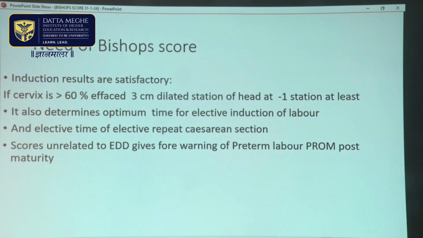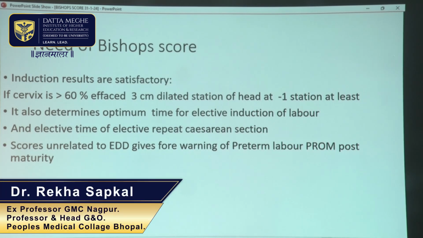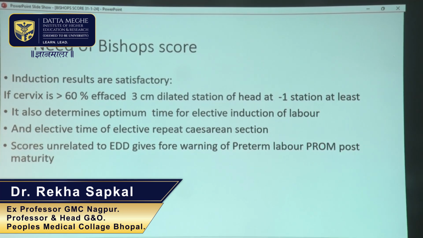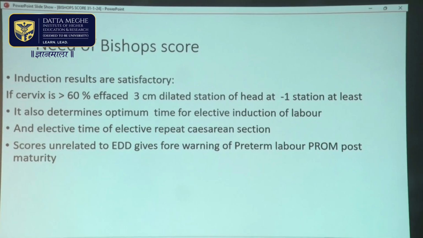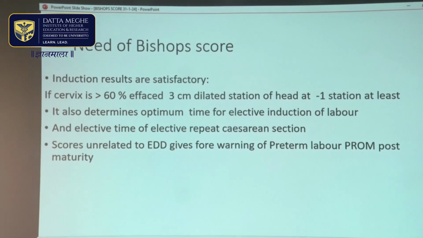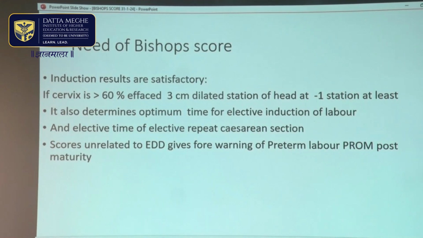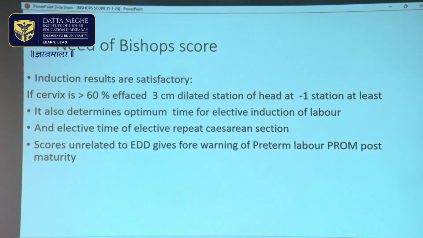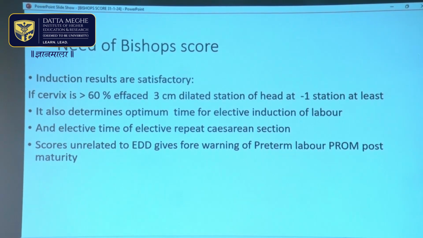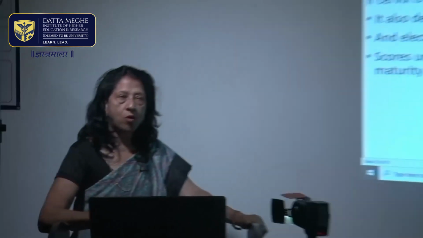So, in short, what is the need of this Bishop score? Induction results are satisfactory. What do you understand by induction of labor? Whenever the patient does not go into labor, in a post mature fetus, after 42 weeks, induction of labor is required. That is one condition. Other cases are wherever the life of the mother is in danger due to diseases complicating pregnancy, or there is danger to the life of the fetus.